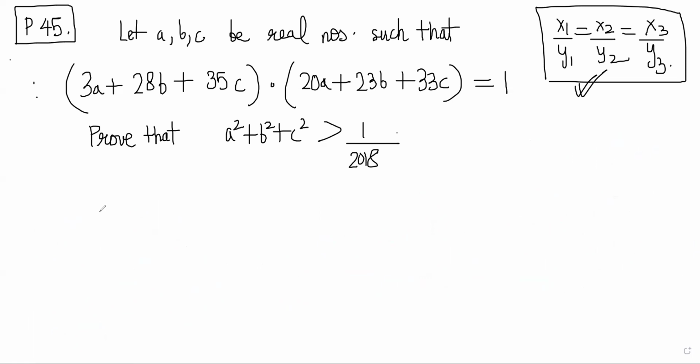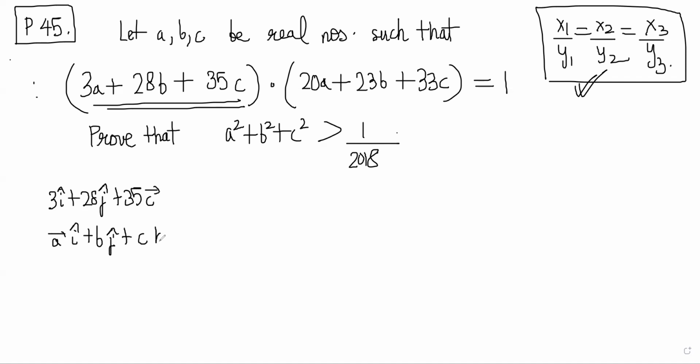Correct. So basically, we'll do it two times. We will say 3a plus 28b plus 35c is like my dot product, right? So I will say I have two vectors, 3i plus 28j plus 35k, and another vector ai plus bj plus ck. And the dot product of these is 3a plus 28b plus 35c.